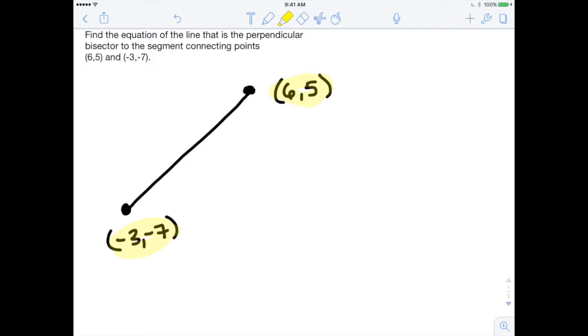The first thing we know is that we're looking for a line that is perpendicular to this segment. Because it's perpendicular to this segment, we can find the slope of the perpendicular line if we know the slope of the segment. So the first thing we need to find out is the slope of the segment. Recall that slope is given by y2 minus y1 over x2 minus x1.